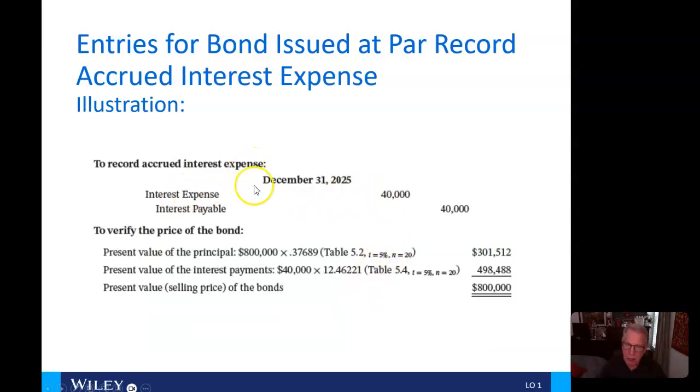So at the end of the year, we need to accrue for that interest expense, and they're accruing for the entire $40,000 as interest expense here. But the credit is to interest payable because we have not yet paid it in cash. One day later, we'll pay it in cash, and then we'll debit interest payable and credit cash.